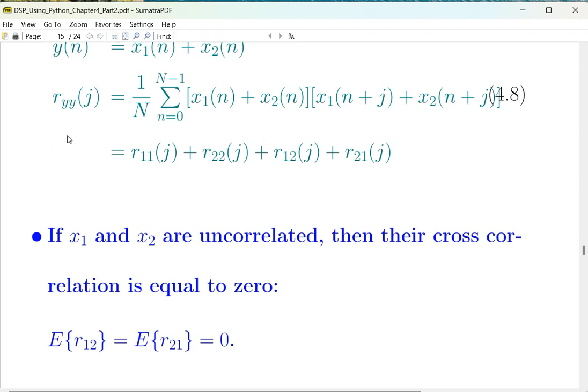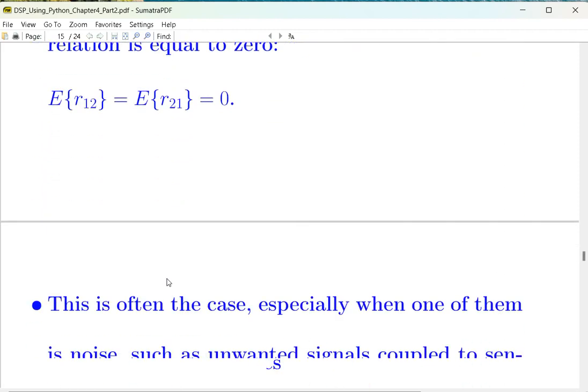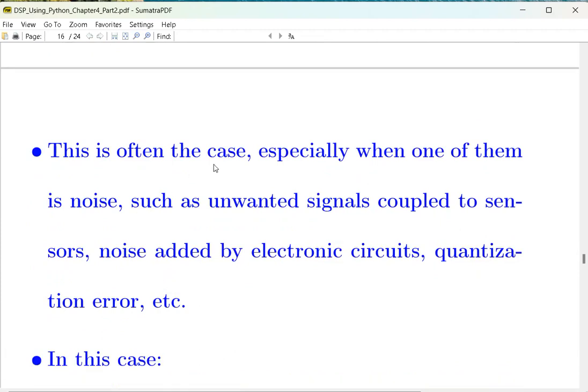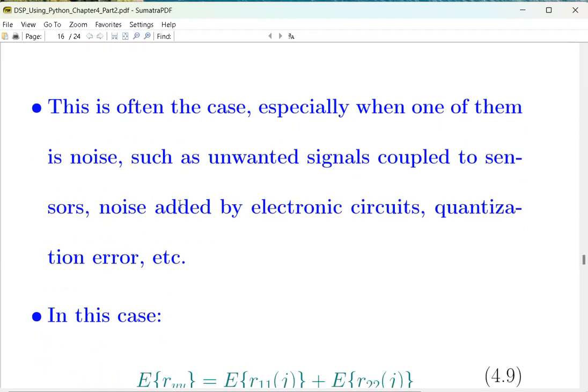We are going to take the expected value from the left side and from the right side. This is often the case, especially when one of them is noise, such as unwanted signals coupled to sensors, noise added by electronic circuits, quantization error, etc.